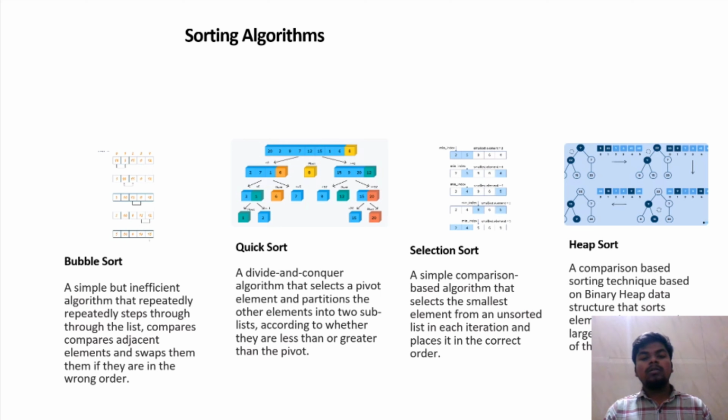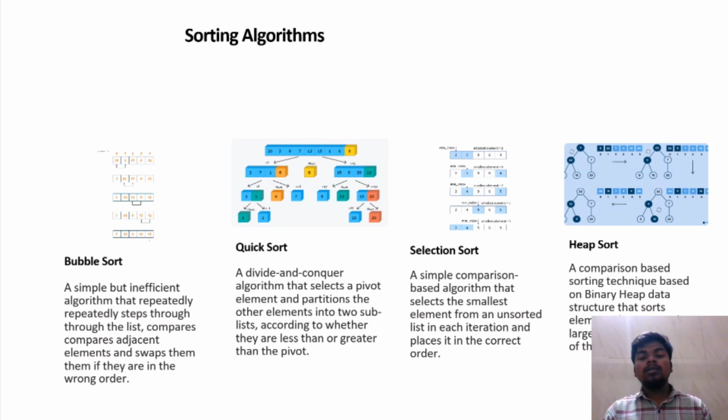Quicksort uses the divide and conquer algorithm that selects a pivot element and partitions the other elements into two sublists according to whether they are less than or greater than the pivot element. Then the array elements are swapped in quicksort.